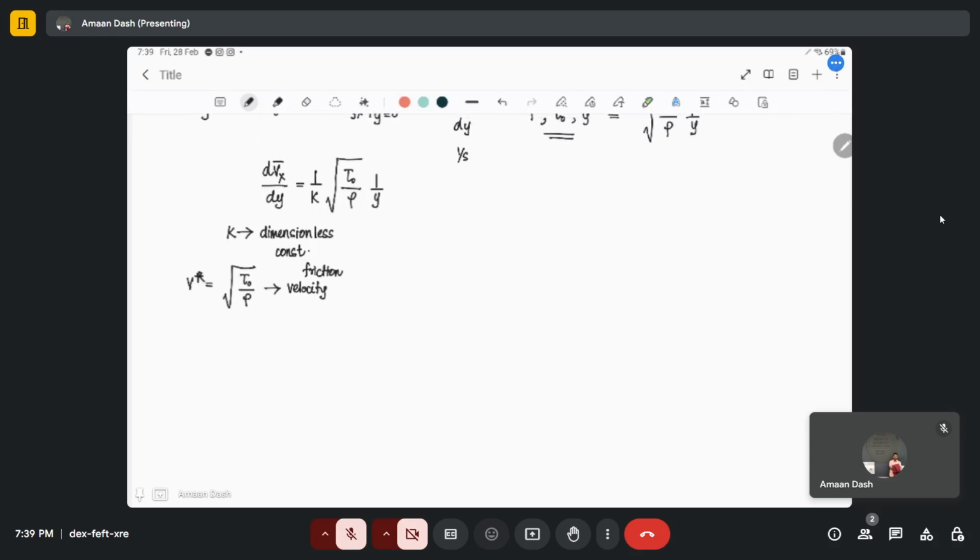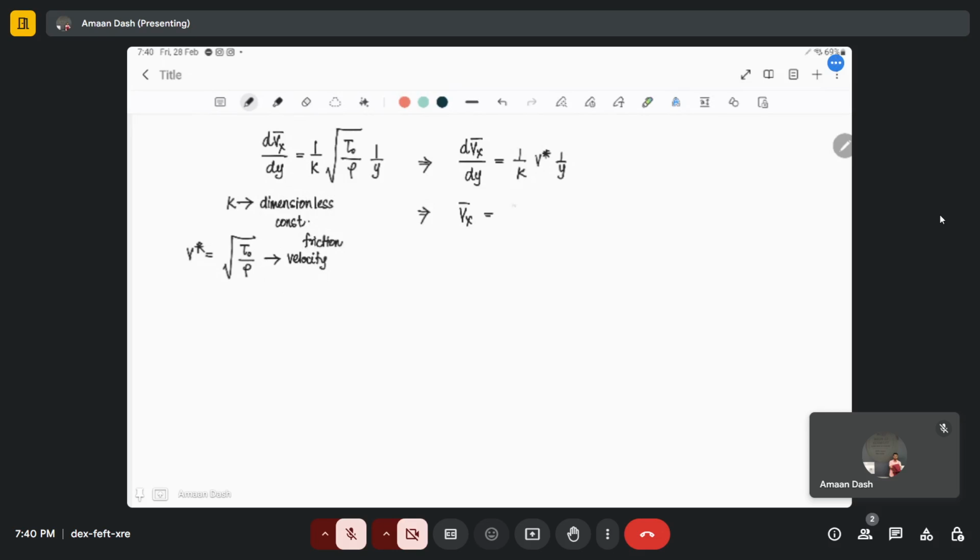Okay, so if we do that, we can write dvx bar by dy is equal to 1 by k v star times 1 by y. So if we integrate this, we will have vx bar is equal to v star by k times ln of y plus some constant of integration, let's say lambda prime.